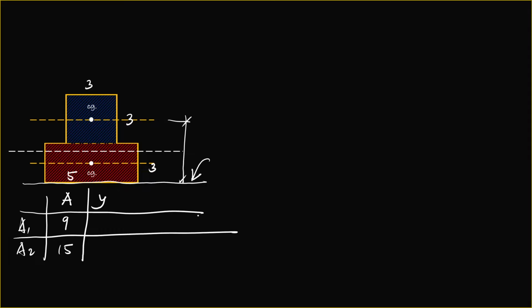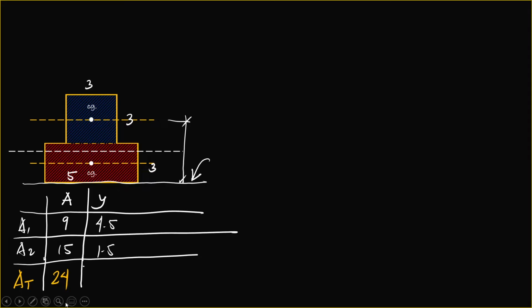That would be 4.5. This is 4.5. And for A2, this is 1.5. Now let me put the total area here, using another color. What's the total area? 15 plus 9 is 24.